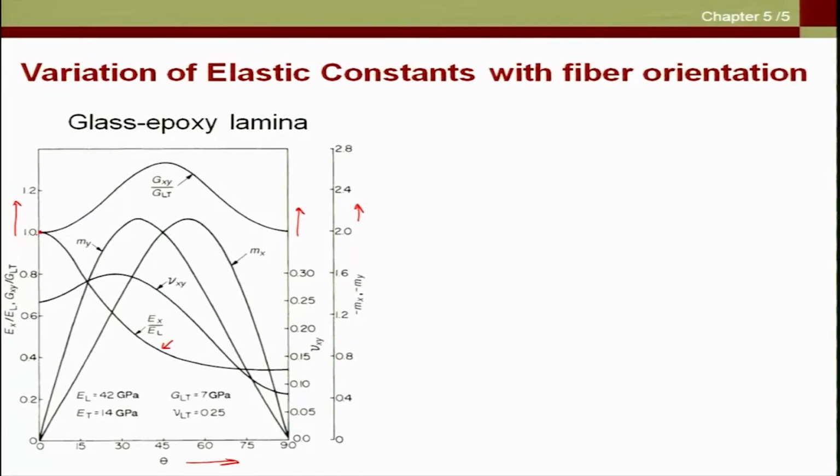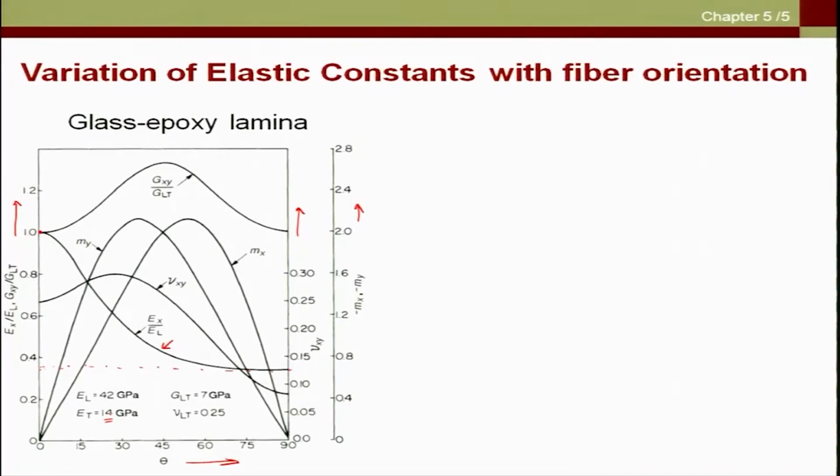As theta increases, the value of Ex continuously keeps on dropping, and then it slowly starts becoming flat, and it ends up at a value of something like 0.3. Maybe I did not draw this line straight enough, but it is about 0.3, because Et is 14 GPa. So Et over El is 1 by 3, so 0.33.